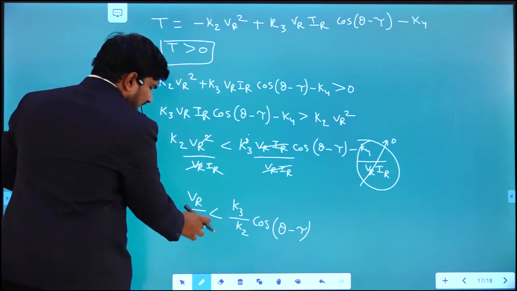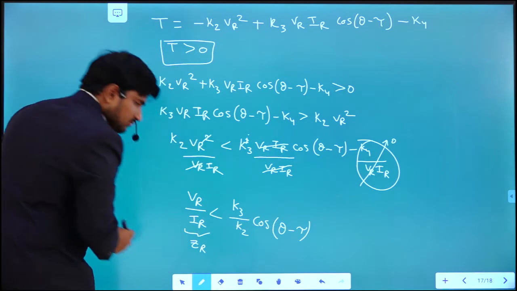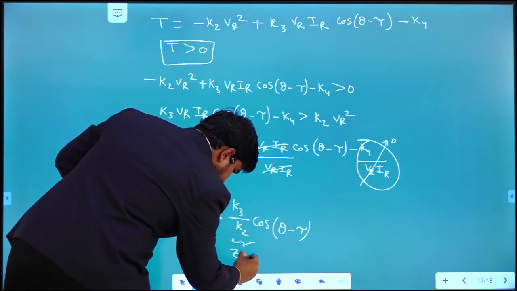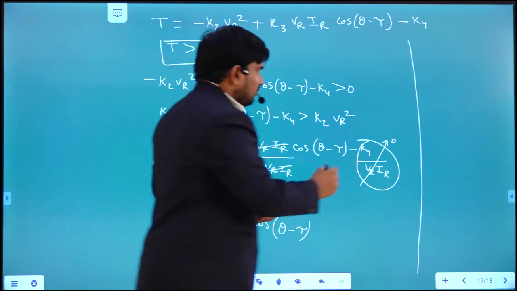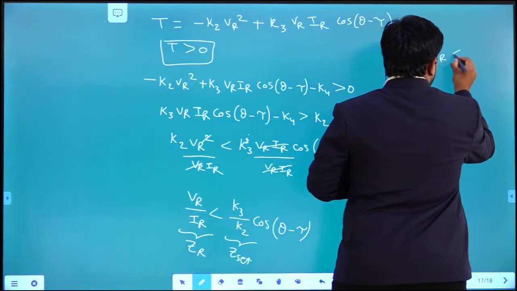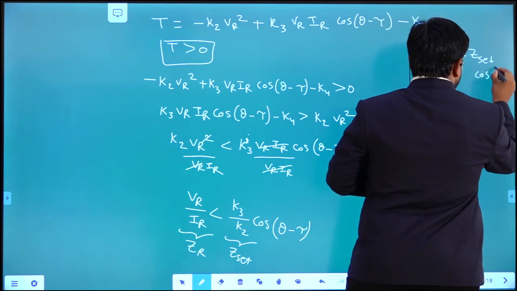VR by IR is nothing but ZR, right? And K3 by K2 is nothing but Z set. If I take this value as Z set, now I can rewrite this expression as ZR is less than Z set into cos of theta minus tau.